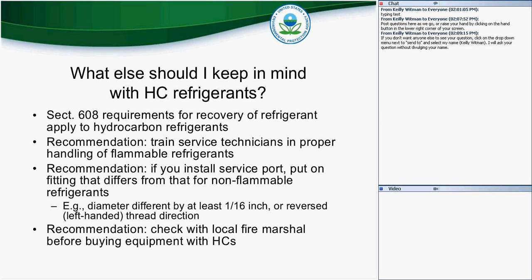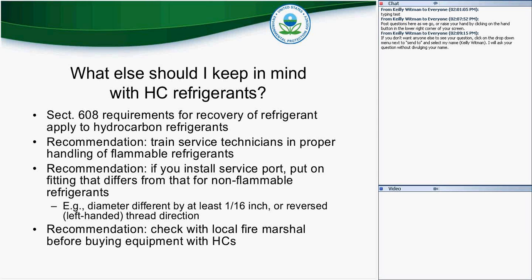Great, I've got something that's more flammable, but it's got lower global warming potential, and how do you weigh that? So we tried to consider, what are ways of addressing that additional flammability risk, so that the overall risk is going to be no worse than what's out there already, and hopefully better.